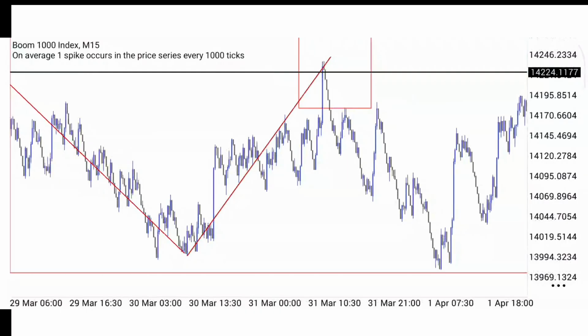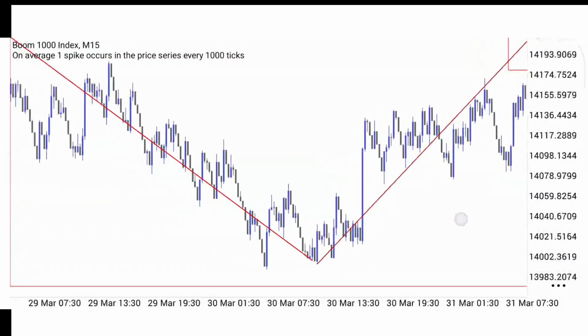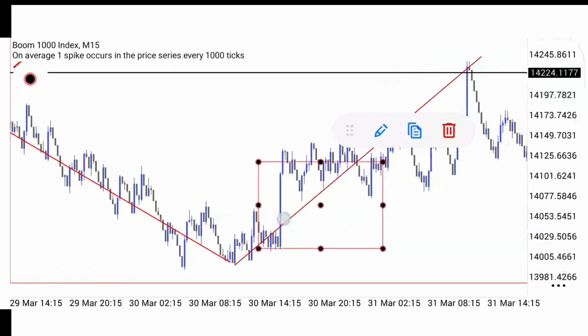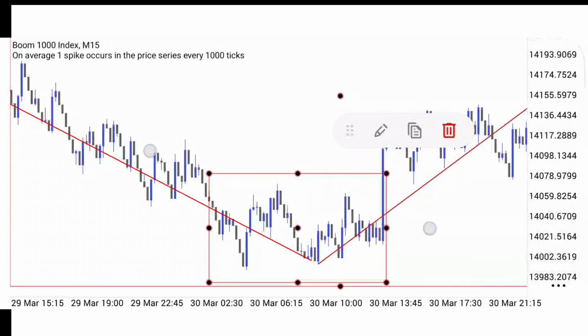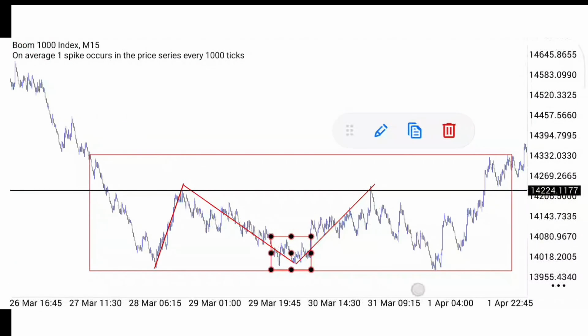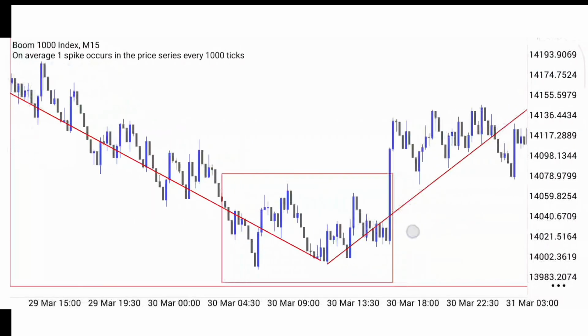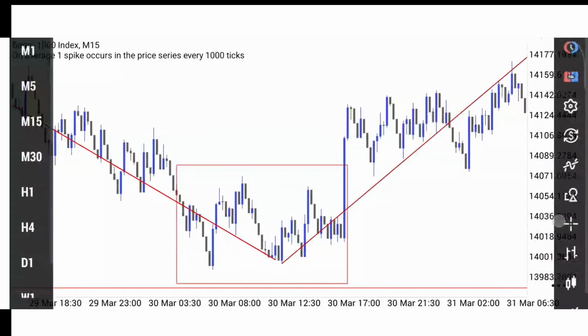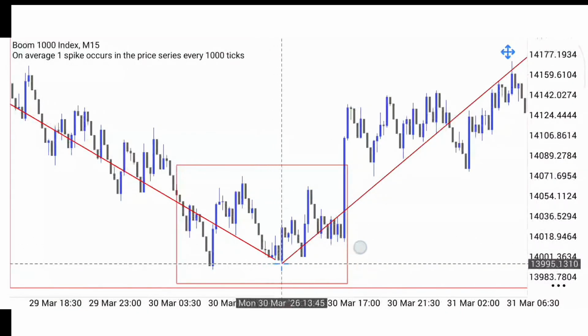Now, if you look at this, before the market moved up, at this point here, there was a little retracement here.